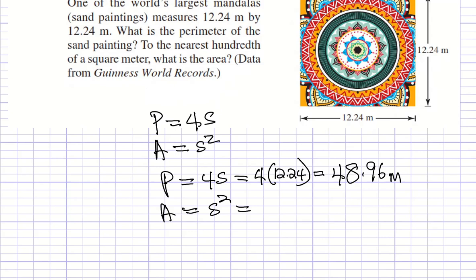That would be 12.24 squared, okay? If you square that, what do you get? What is a square? You multiply it by itself, okay? That's what a square is. You multiply that by itself, you get 149.8 meter squared. I think that's what you should get.